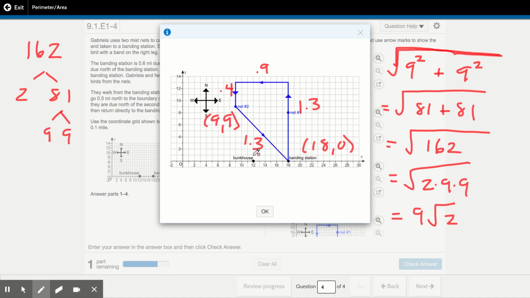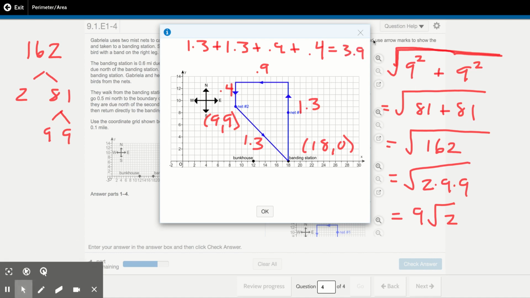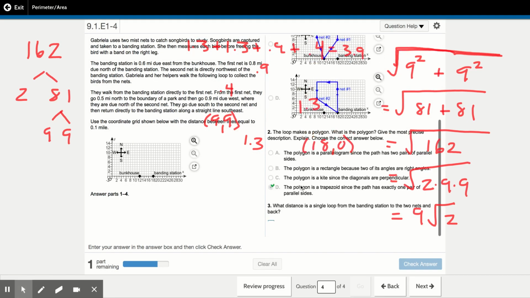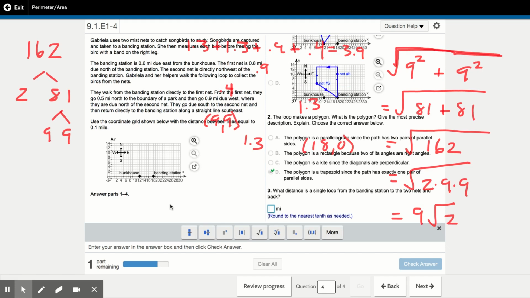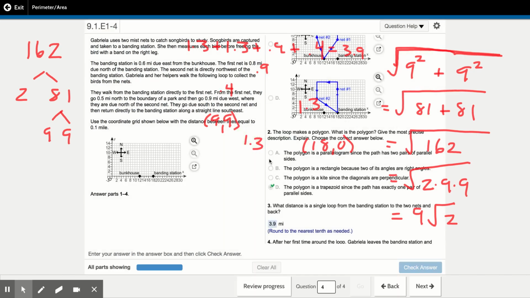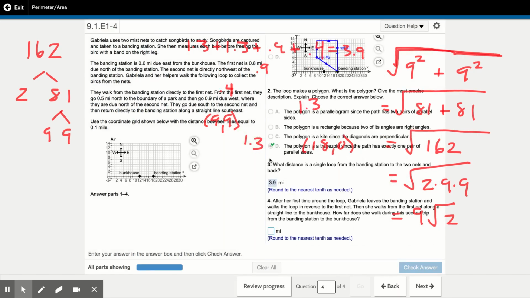And so we have to round 12.7 to 13, and it's 1.3. So if I have 1.3 plus 1.3 plus 0.9 plus 0.4, I end up with 3.9. So my answer for this question would be 3.9. Well done. And this is how you do these four sets of problems.